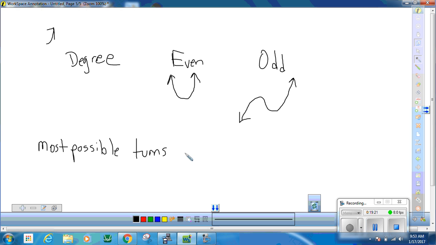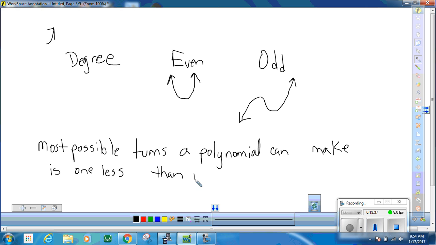The most possible turns a polynomial can make is one less than its degree. All right, so the most turns that a polynomial can make is one less than its degree.